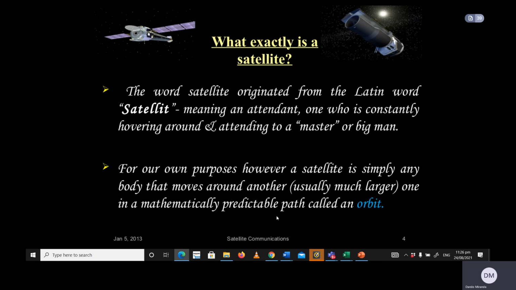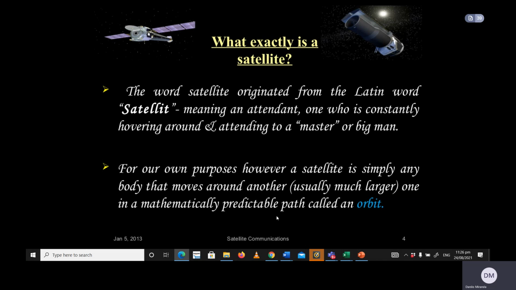Okay? So what exactly is a satellite? It came from the root word satellite, meaning attendant, who is constantly hovering around and attending to a master's needs. Kung anong gusto mong gawin mo sa link mo, susunod lang yan.